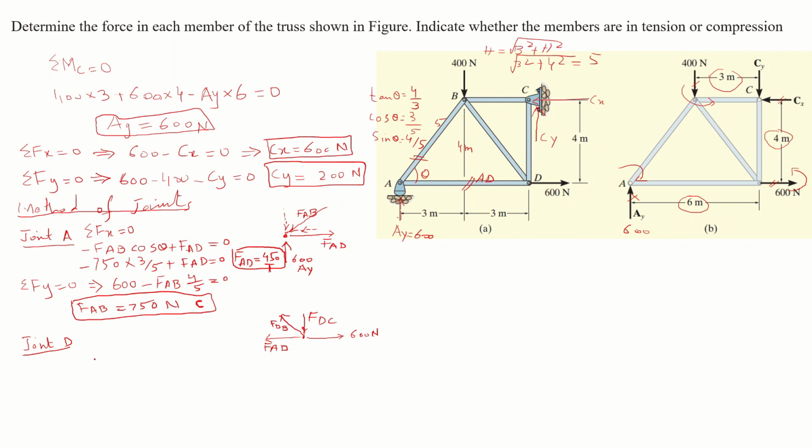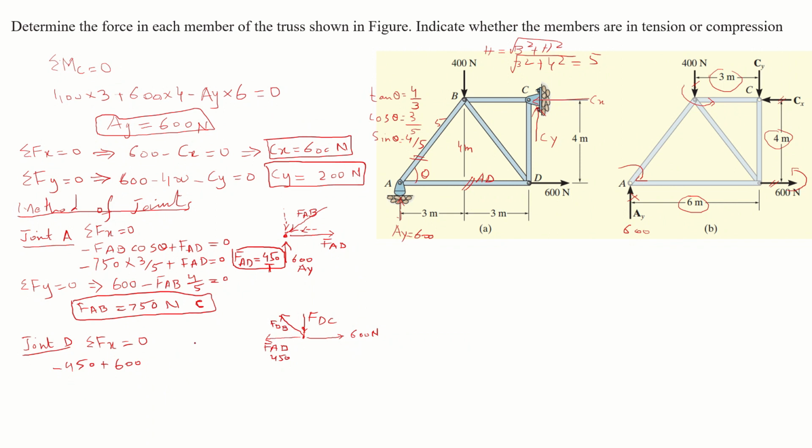Now we will apply the equilibrium equation, which is sum of forces along x is equal to 0, and F_AD, this F_AD is known, you have already found its value, which is equal to 450, and 450 in the x direction, it is with the negative sign, plus 600, this 600 Newton is on the right side, and F_DB, this F_DB has two components.